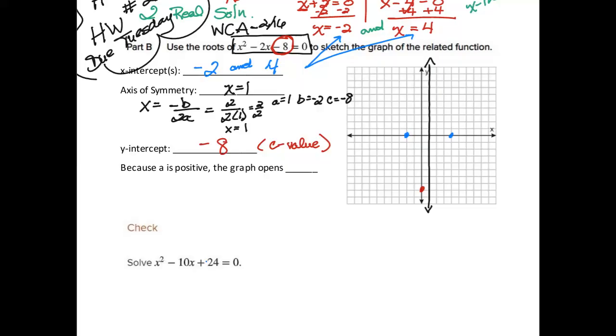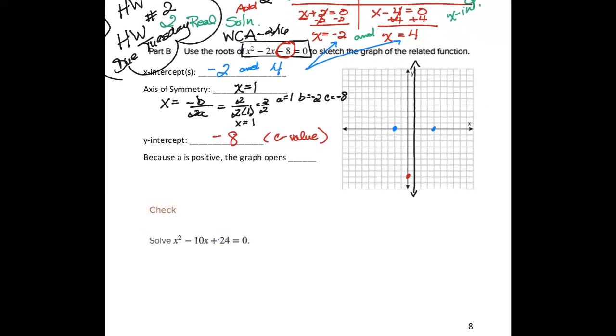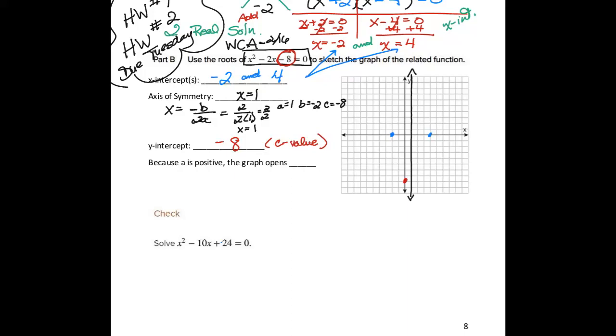That is my y-intercept, which means, where am I going to find my vertex, you think? Is it going to be above that or below that? Well, let's do this last one. Because a is positive, the graph is going to open in what direction? Open up or open downward? Up.